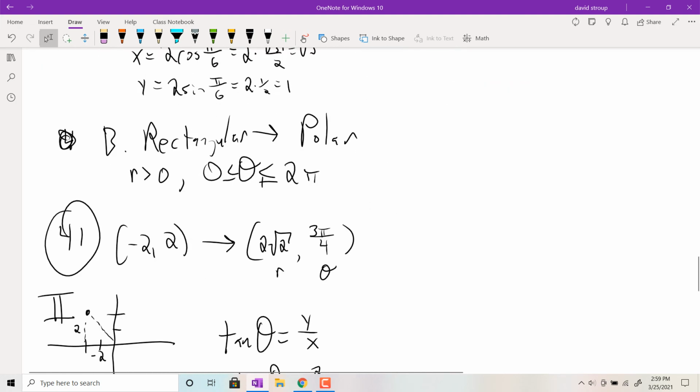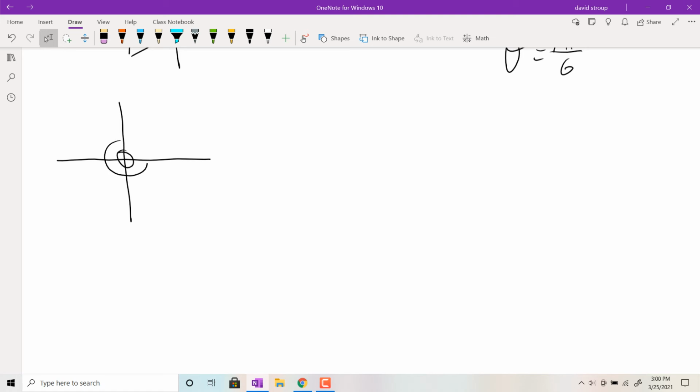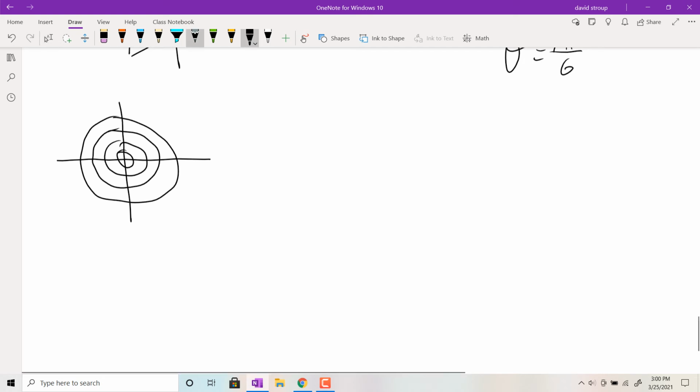Ultimately, we will want to convert equations. The cool thing about polar graphs is we're going to be able to draw a whole new set of graphs. And they're much more interesting than like a quadratic, because you're going to be able to get rose petal flower things. There's these other things called lemniscates, and there's cardioids.